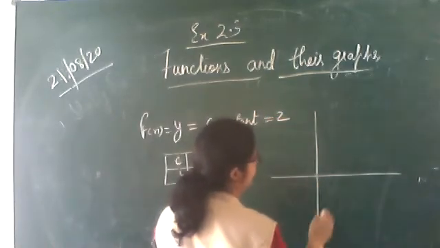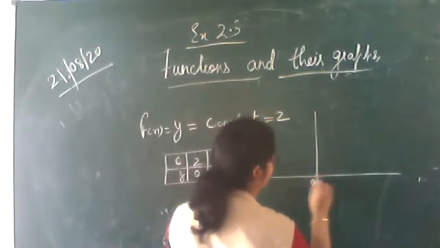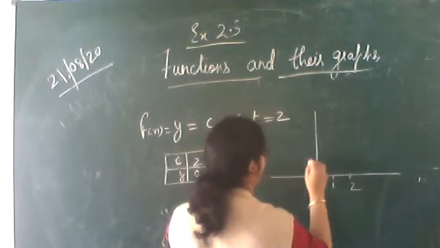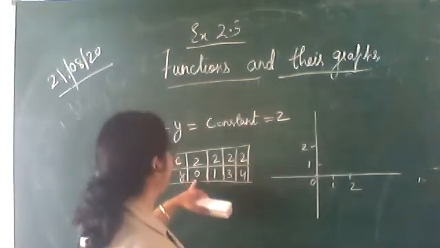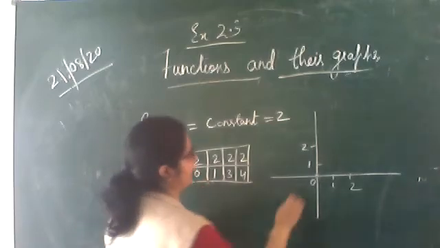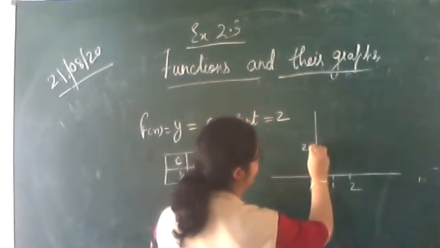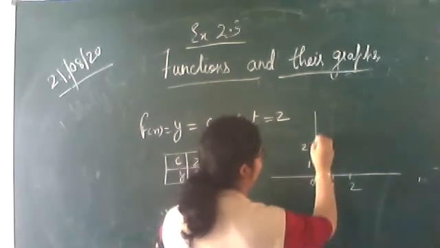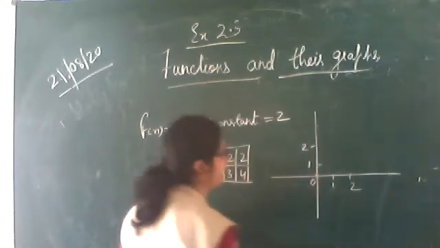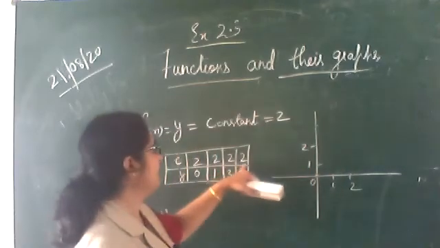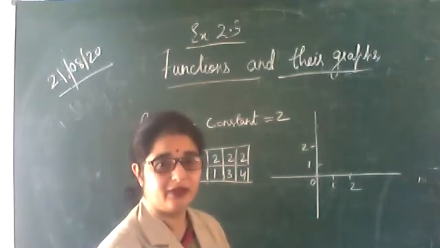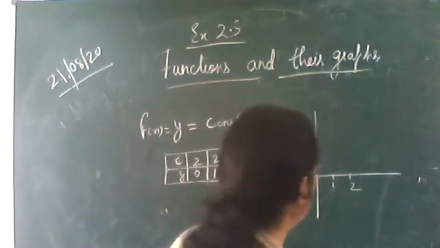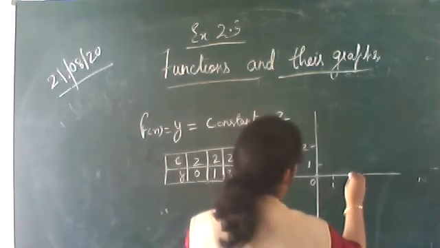Can you plot the graph of y is equal to 2? Just see, for every value of y, 1, 2, 3, 4, any value of y, we are having the value of x as 2 every time. So the value of x is 2.